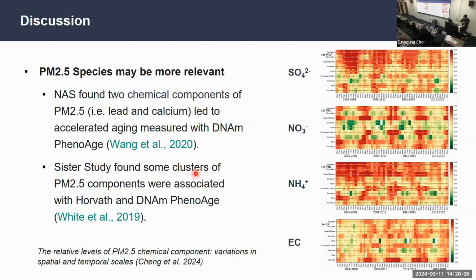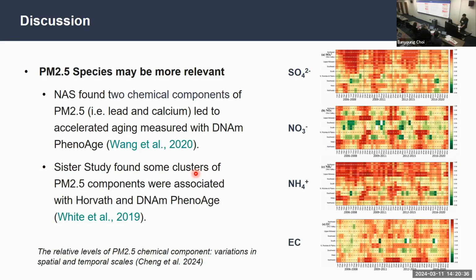They're not for you to read, but the point is the x-axis is the time and the y-axis is the regions in the US, and the colored little squares indicate the relative levels of the corresponding PM2.5 chemical components. It means that there is a big variation in spatial and temporal scales of those chemical components.